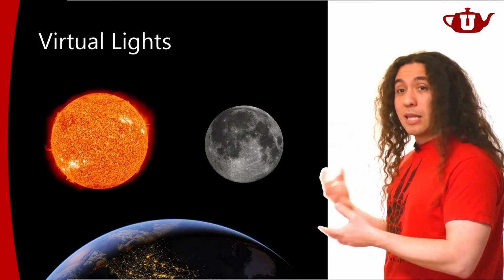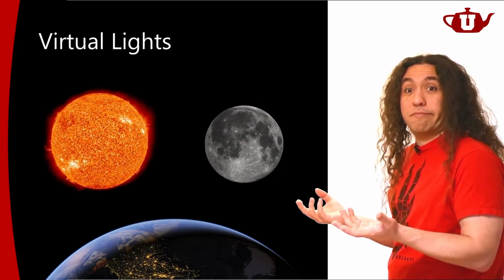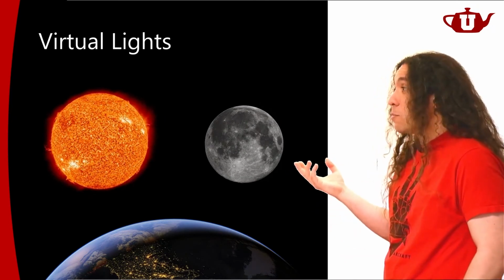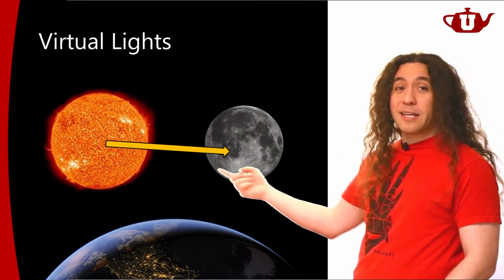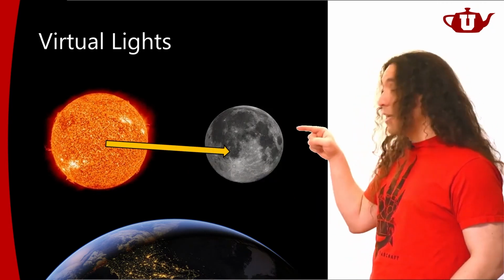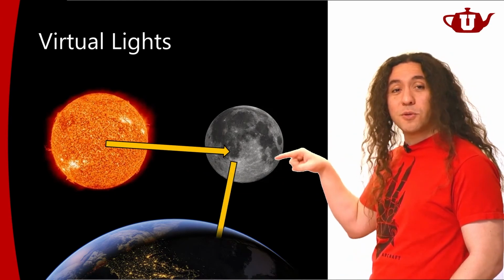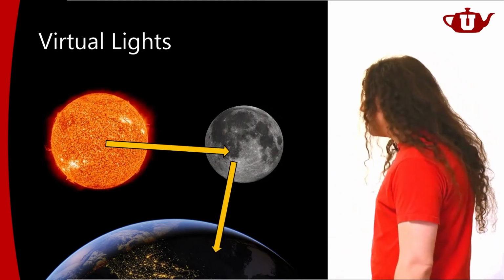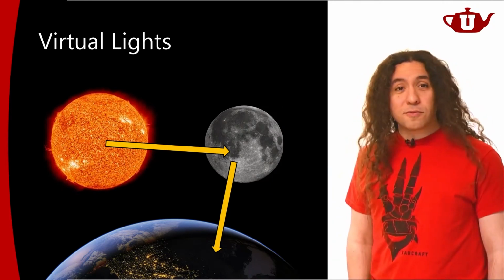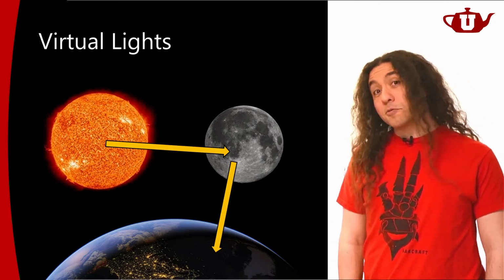So it's illuminating the Earth and acts very much like a light source, but it's actually not a light source, right? What's happening is that light coming from the sun is reflecting off of the surface of the moon, and that's illuminating the Earth. So it's not a light source, but acts like a light source.